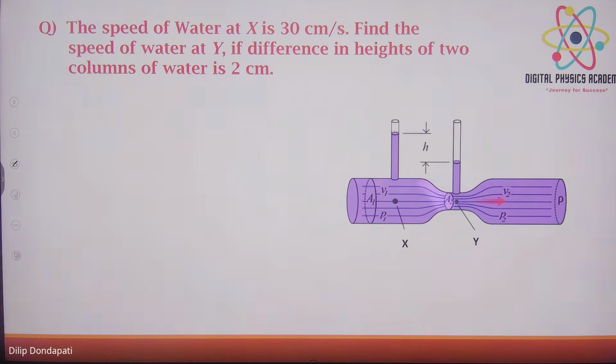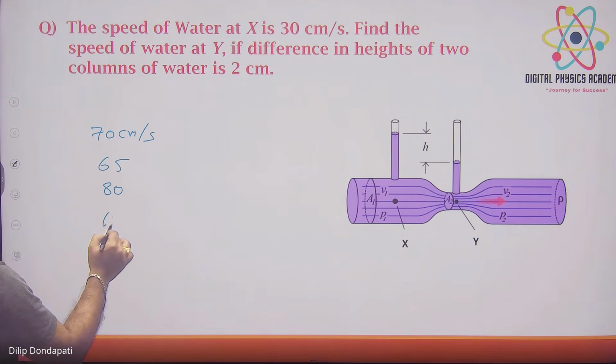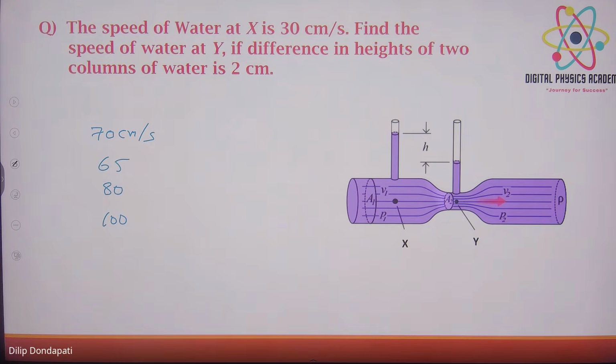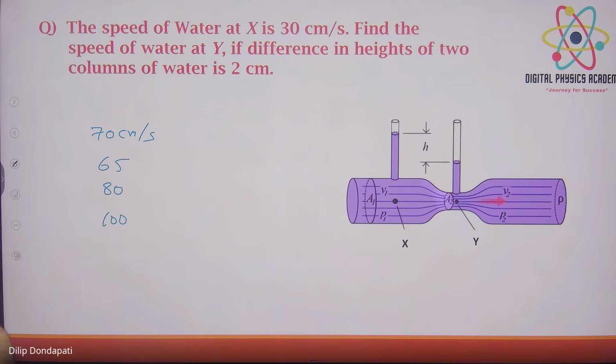Answer I want in centimeters per second. See, when you are using H, G is there.